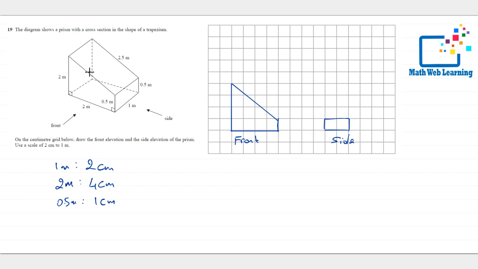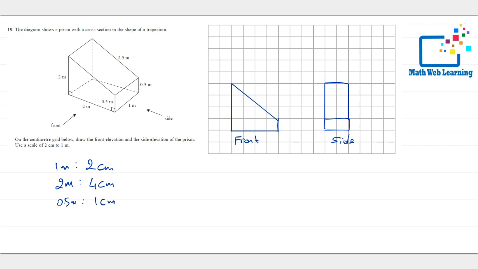Now you also have this rectangle with this slant here, which means it goes all the way up to here against the front drawing. So it's going to go all the way up there, and of course it will be the same width. It is 1 meter wide, like so, and that's how you do it.